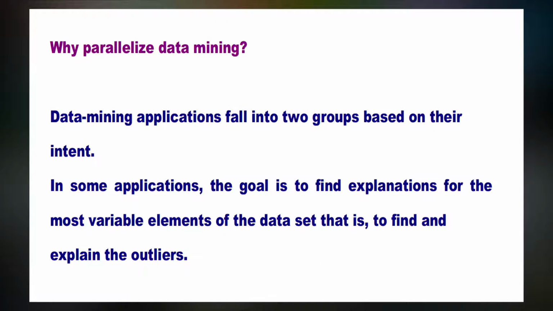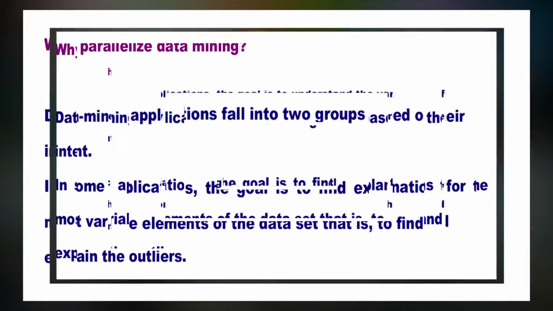The next question you may naturally ask is, why parallelize data mining? Data mining applications fall into two groups based on their intent. In some applications, the goal is to find explanations for the most variable elements of the data set, that is, to find and explain the outliers.